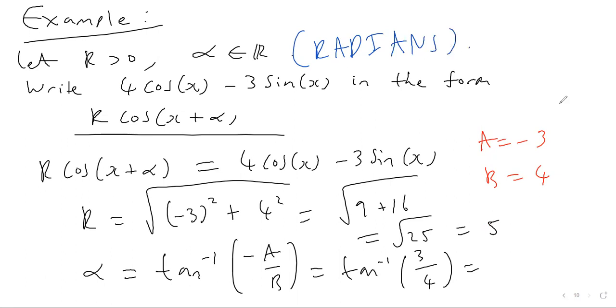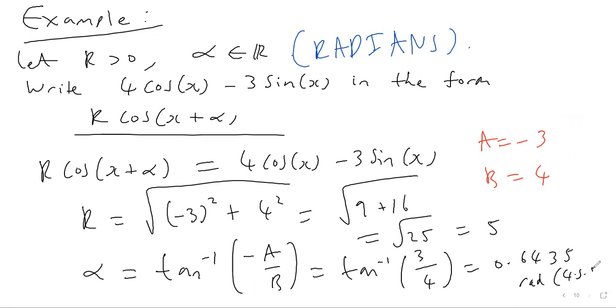Then you do that on the calculator. I'll just make sure my calculator's in radian mode first of all. So you do tan inverse of 3 over 4, and that will get you 0.6435 radians to 4 significant figures.